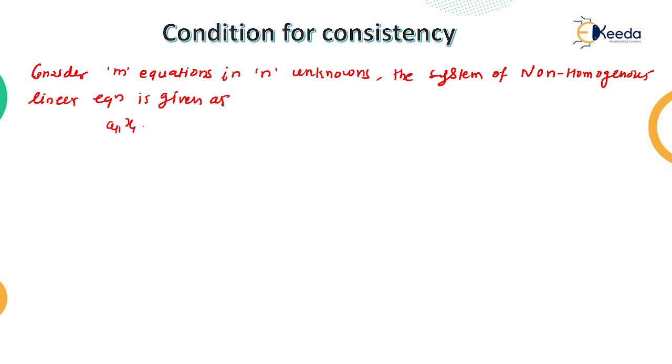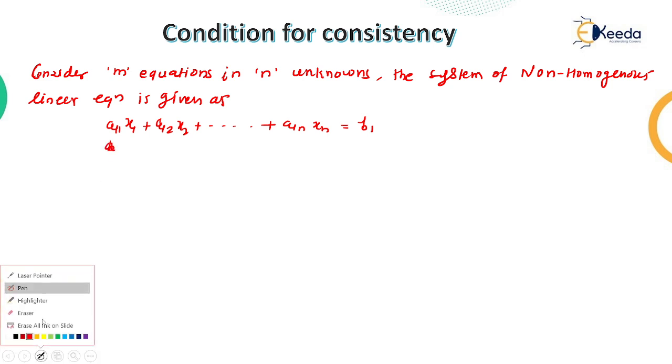a11 x1 plus a12 x2 plus and so on. There are n unknowns, that's why I'm taking here a1n xn, that is equal to some constant b1.